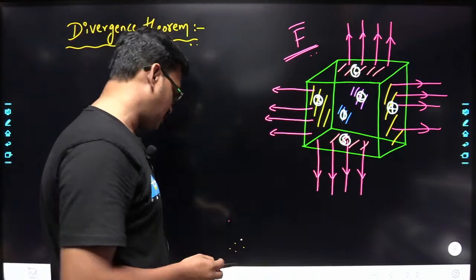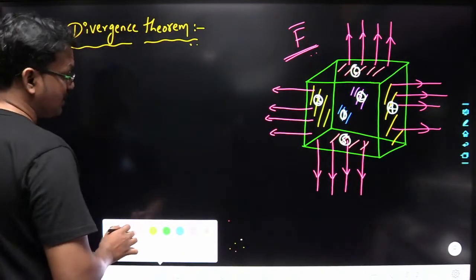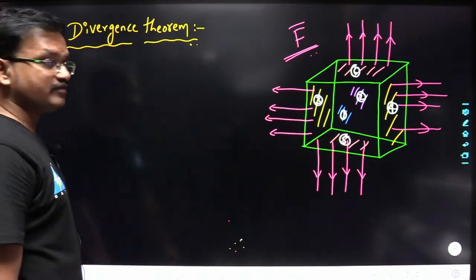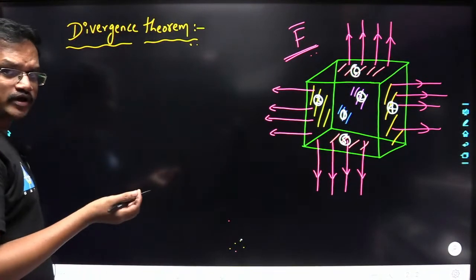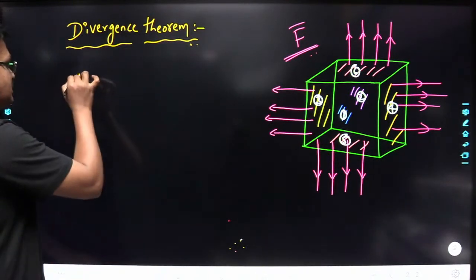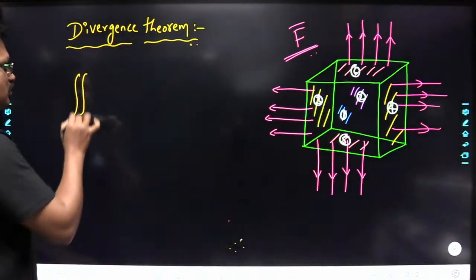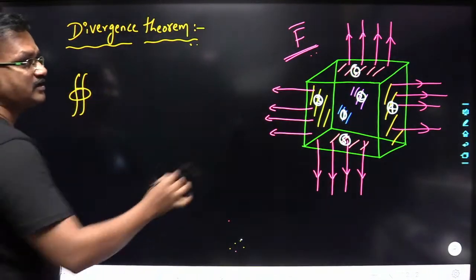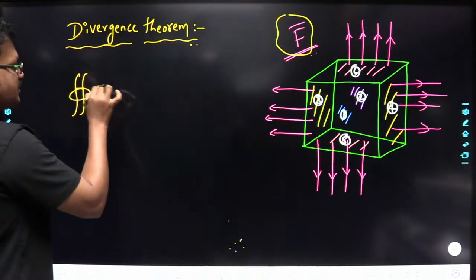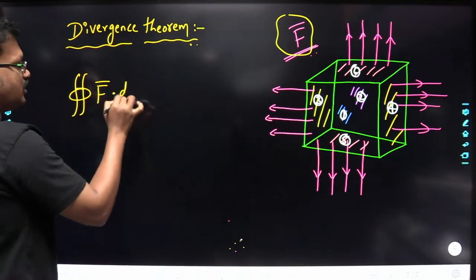Now mathematically, how to represent the flux leaving the closed surface? We can represent it as a closed surface integral. Here I am considering the vector field as F bar, so you can represent it as F bar dot dA bar.